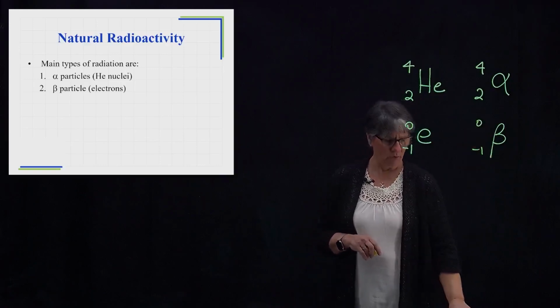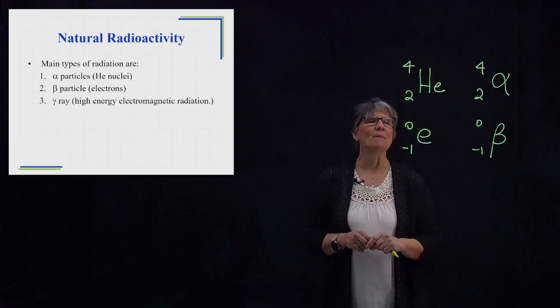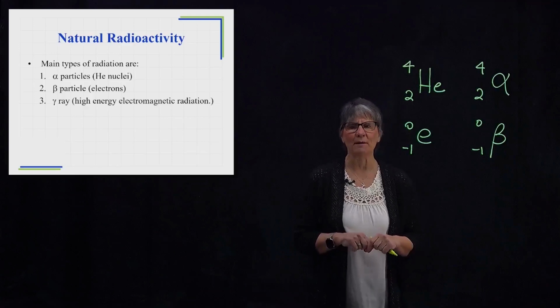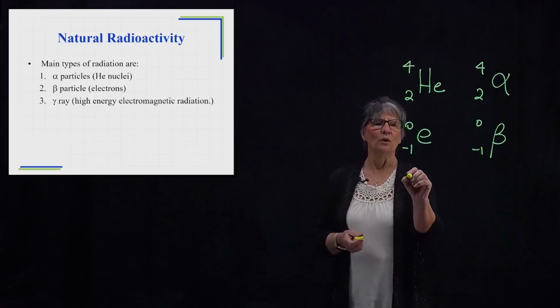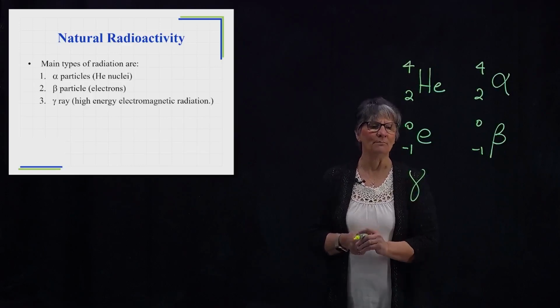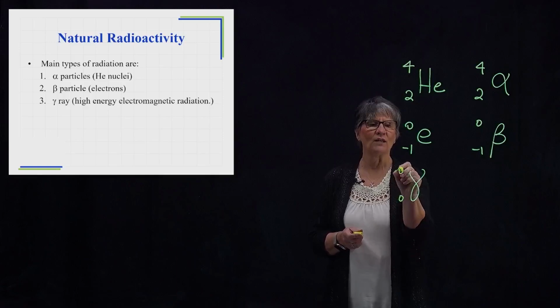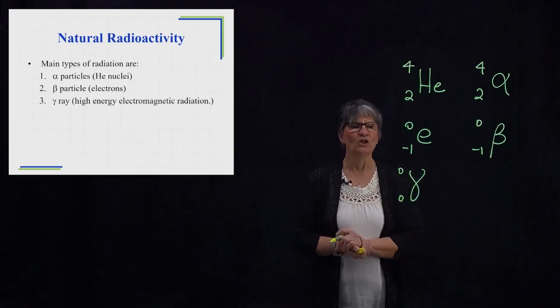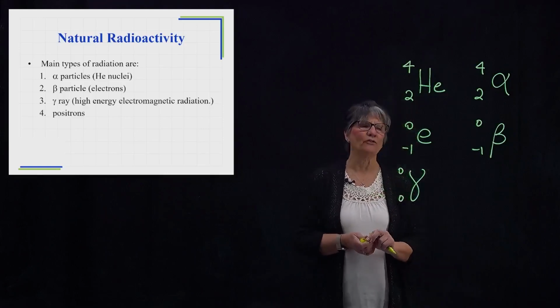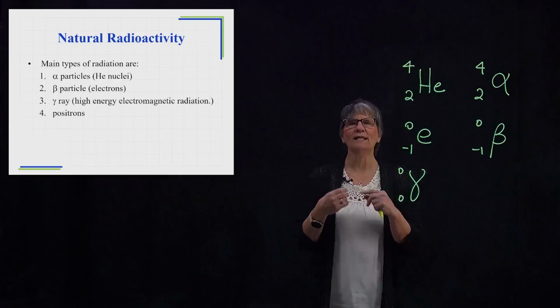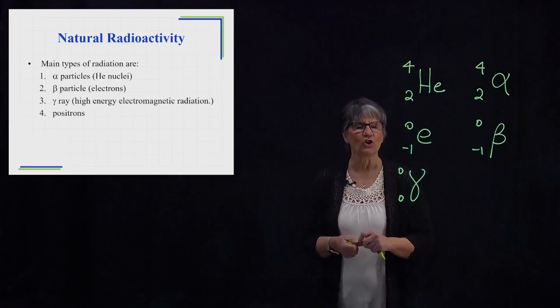The next particle is our gamma particle, which is really a gamma ray because it doesn't have any mass at all. So we would use the gamma symbol. It has no charge, it has no mass. So there's no other way to write the gamma particle. The next one is a positron, and a positron is a positively charged electron.